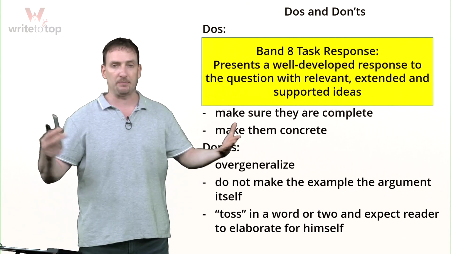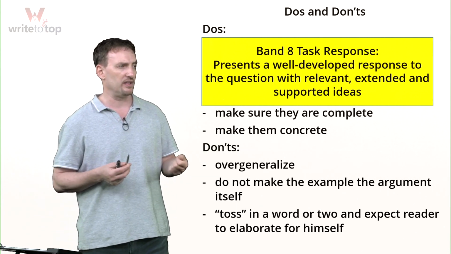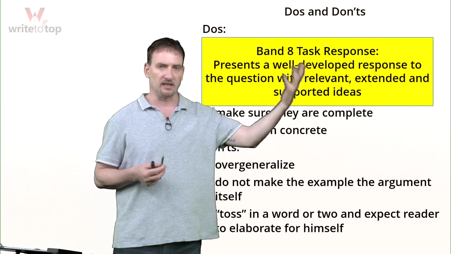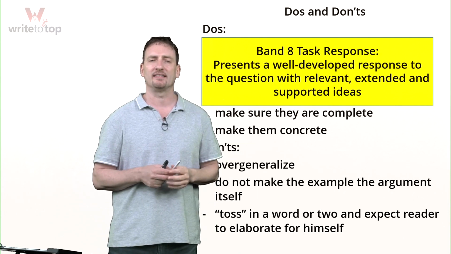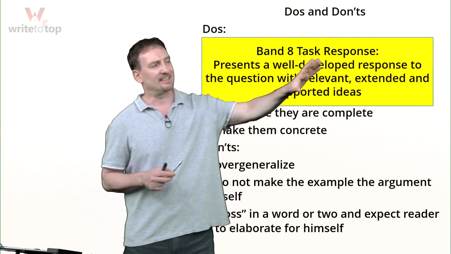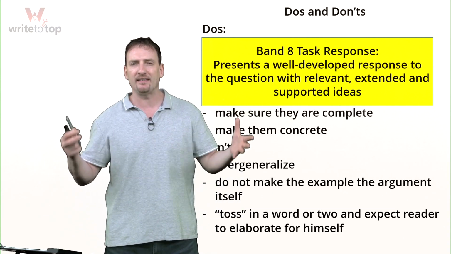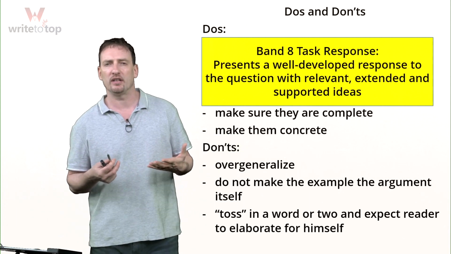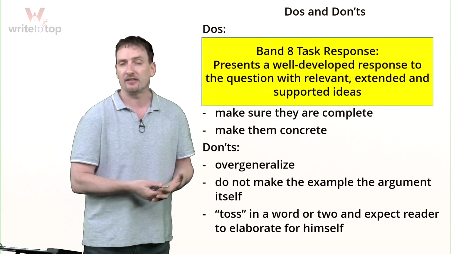So you have to develop it. You have to give me a full, complete answer to support your thesis. With relevant means related to the topic. Extended and supported ideas. This is the most important part. Extended means you developed it completely. You've explained everything, so it's very clear for the reader to understand your argument. Why are you making this argument?